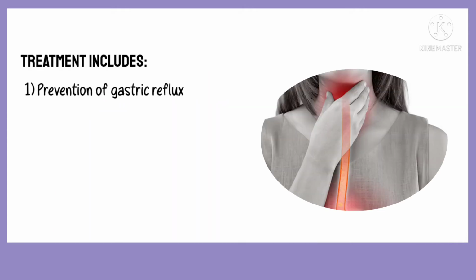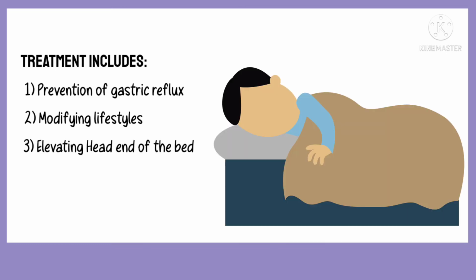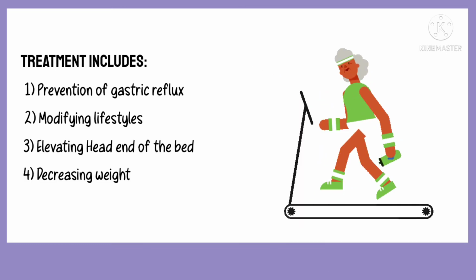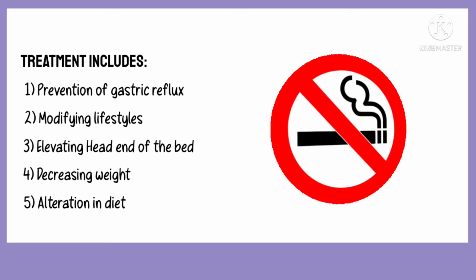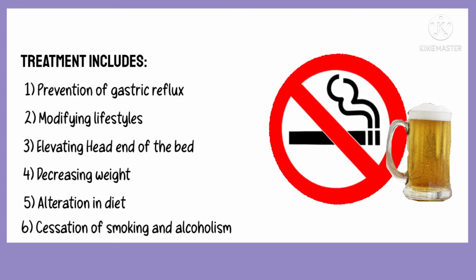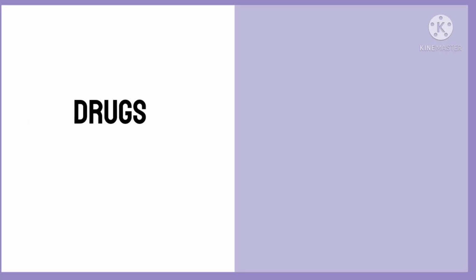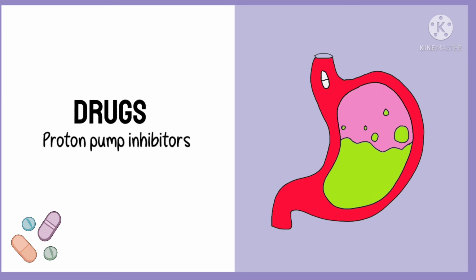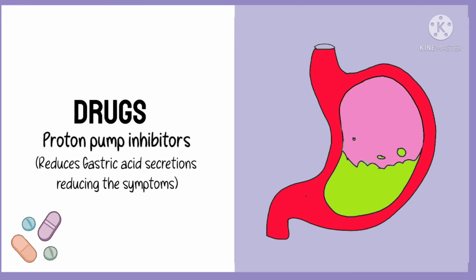The treatment includes prevention of gastric reflux, modifying lifestyle, like not sleeping for at least 1 hour after having a meal, elevating the head end of the bed during sleep, decreasing weight, and alteration in diet, which includes a low fat diet and small frequent meals, stopping smoking, and reducing alcohol, which both reduce sphincter function. Drugs like proton pump inhibitors may be given, which act to reduce the gastric acid secretion, which further reduces the symptoms.